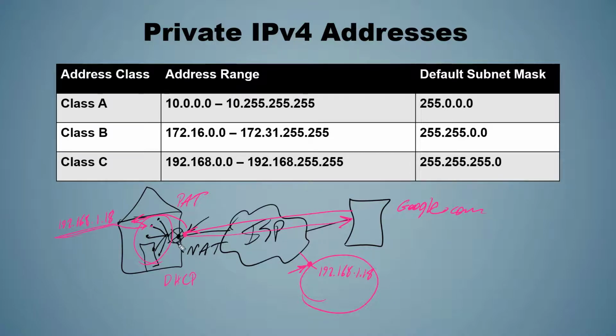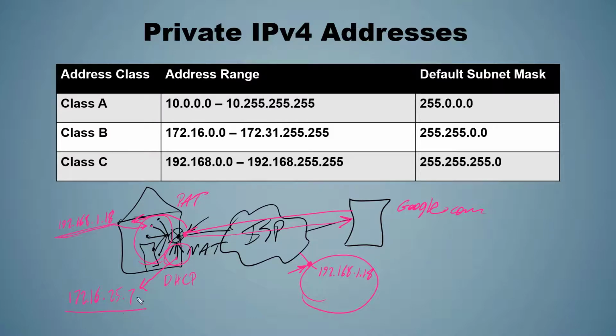Now if we had another network, for example here on this local area connection, say this network was a class B network, and this device's IP address was 172.16.25.7. So this is another example of a private IP address.